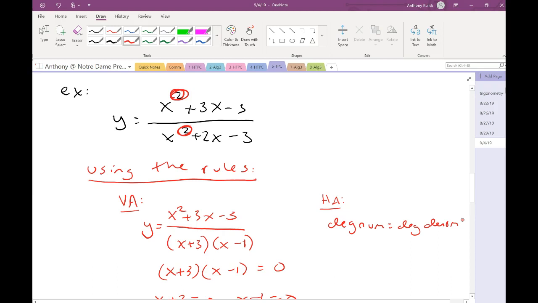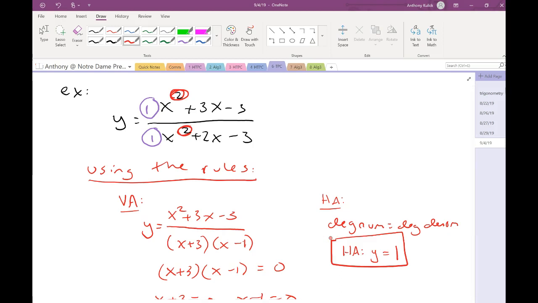And our rule states then that to find the horizontal asymptote, what do I need to look at? The leading coefficient of the numerator, which is 1, over the leading coefficient of the denominator, which is 1. 1 over 1 is 1. Are we happy with that?